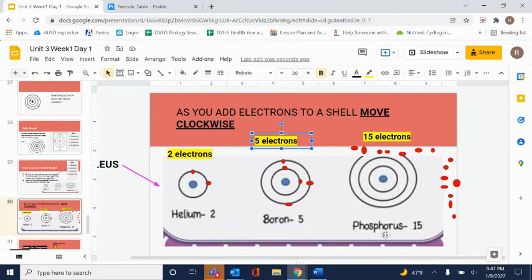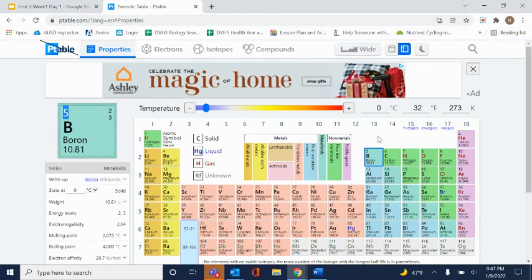For phosphorus, phosphorus has 15 electrons. Again, I'm going to find it over here. Its chemical symbol is P for phosphorus, and it has an atomic number of 15, meaning it has 15 protons, which means it has 15 electrons.